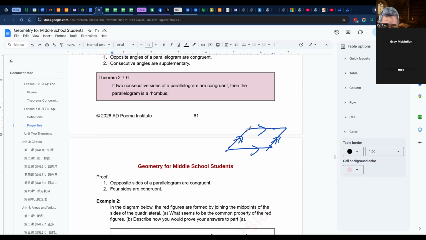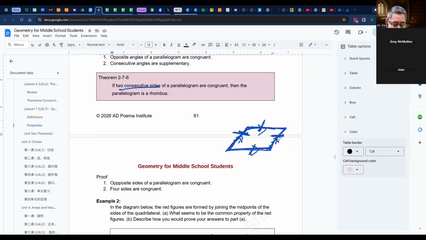Well, if this side is congruent to this side, that's why it's called consecutive sides. And based on the property of the parallelogram, the opposite sides are congruent. So this will be congruent to that, and this also congruent to that. So therefore, all four sides are congruent. And that's the definition of a rhombus. So therefore, that's how we prove it.